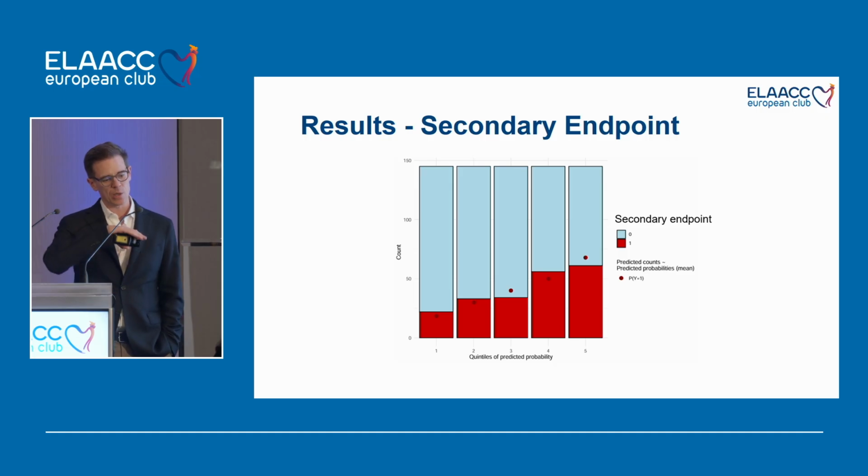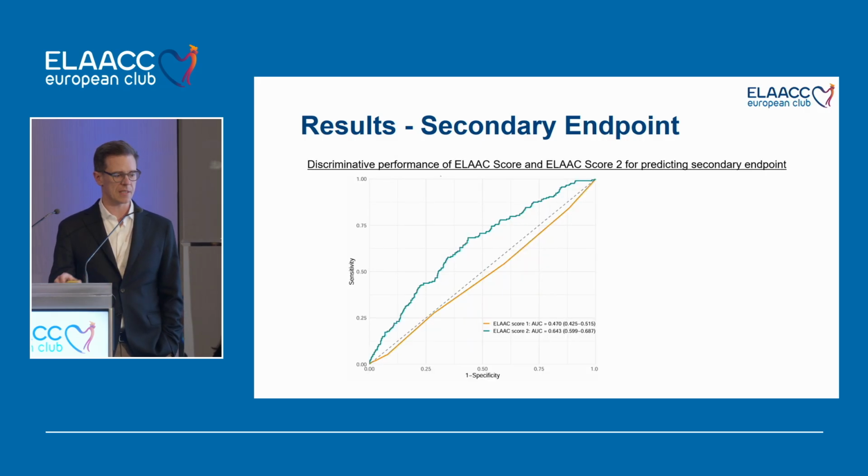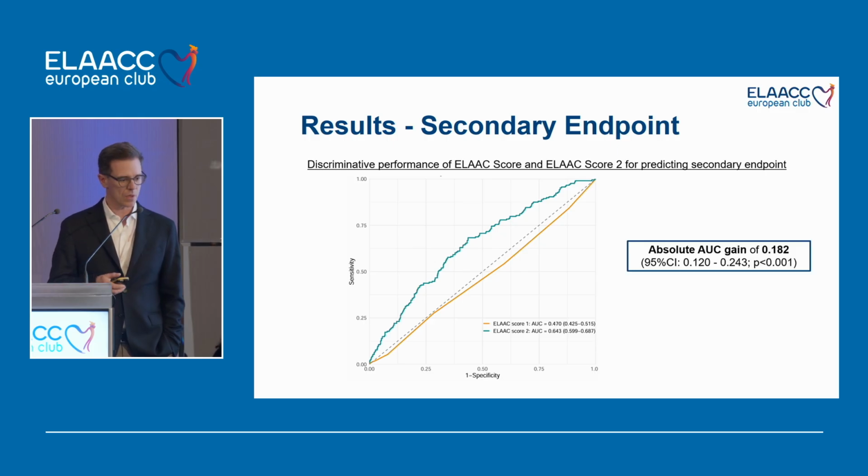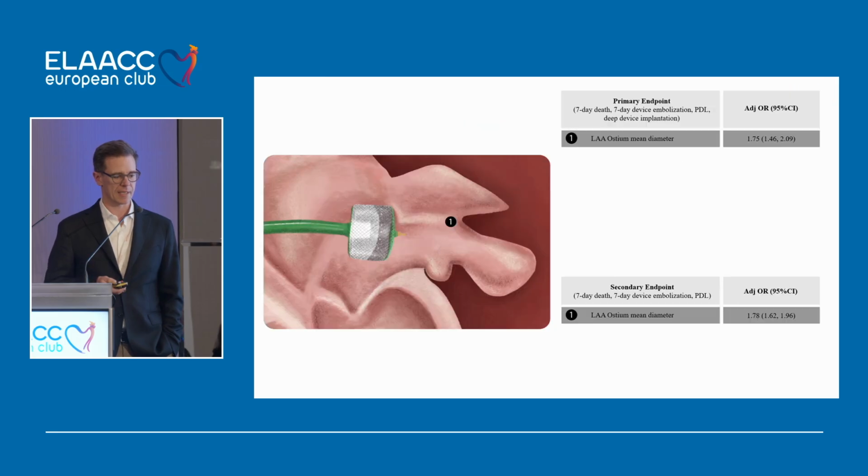And again, if we look over the quintiles, we see that there is an increase with each increase in the continuous ELAACC score 2. That's what we would like to see. And here you see the impact of the predictive ability in terms of area under the curve. It is now 0.64, and this is again a significant improvement as compared to the binary ELAACC score.